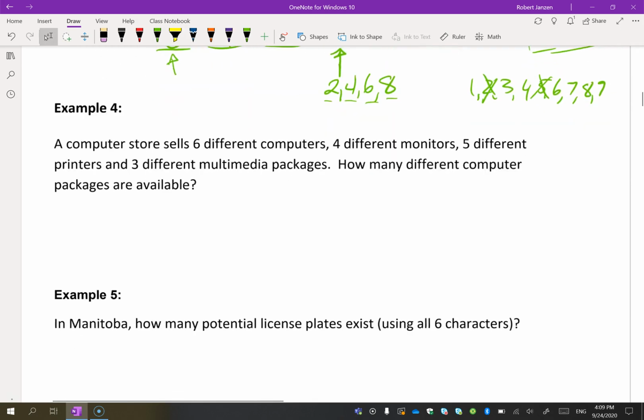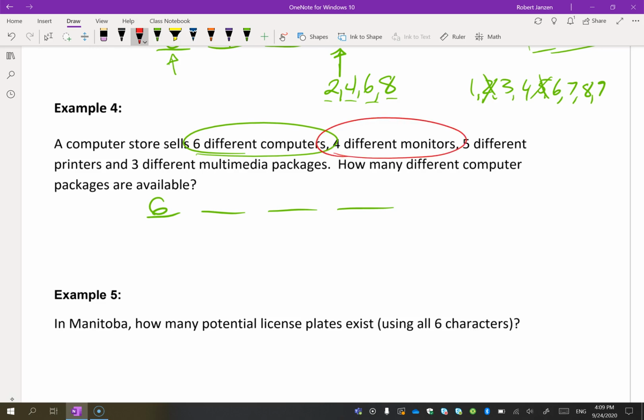All right, another one. A computer store sells 6 different computers, 4 different monitors, 5 different printers, 3 different multimedia packages. How many different computer packages are available? Well, there are 4 things to consider. First of all, there are 6 computers. And then we have 4 monitors, so I can combine those with 4 different monitors. And then I have 5 different printers.